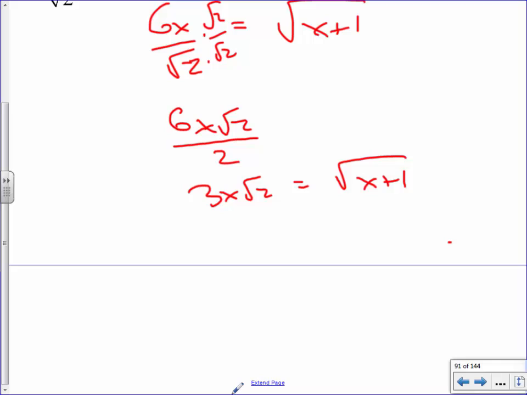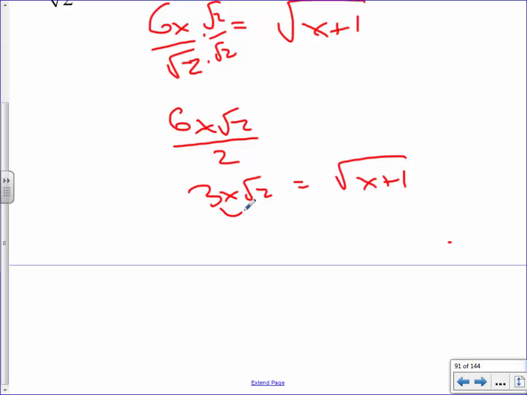Now, this is not perfect, but I almost have it so that there's a square root on one side and a square root on the other side. And if I were to square both sides, I could just lift the square roots off and be done with them. The only problem is this stupid 3x.